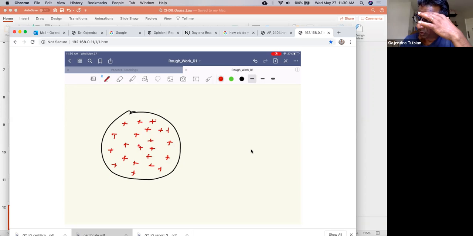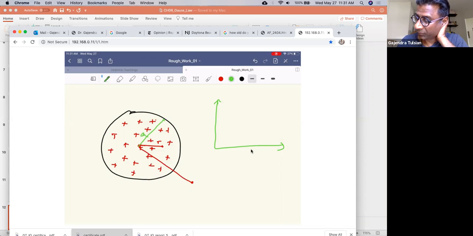R is the distance measured from the center. This is for a point inside, this is for a point outside. And we are plotting, so A is the radius of the sphere.